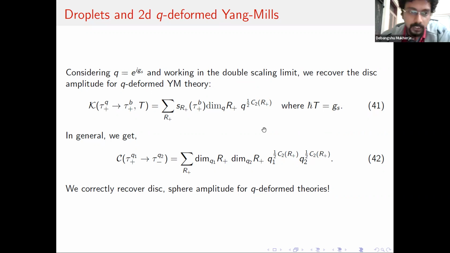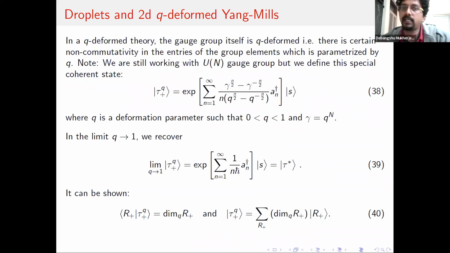And in general, for arbitrary holonomies specified, which will now actually contain two data, the q-deformation parameter as well as the data of the coherent states, you can also recover the disk, sphere and cylinder amplitudes of the q-deformed theory. So what is the advantage here? The central advantage is that generically in a q-deformed theory, the standard lore is to deform the gauge group.